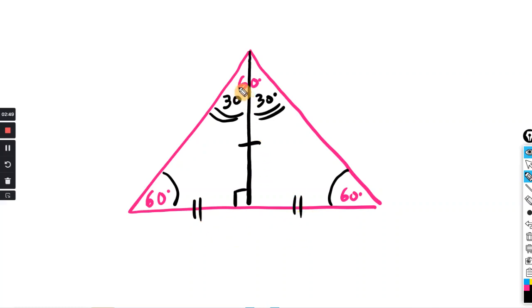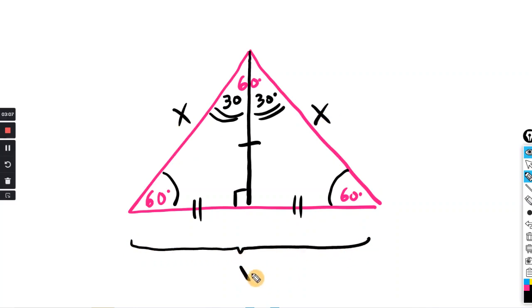Since all three angles of the overall triangle are 60, all three sides of this triangle are congruent. So let's say this side was X, this side would also be X, and this entire base would be X, and each of these would just be half of X.